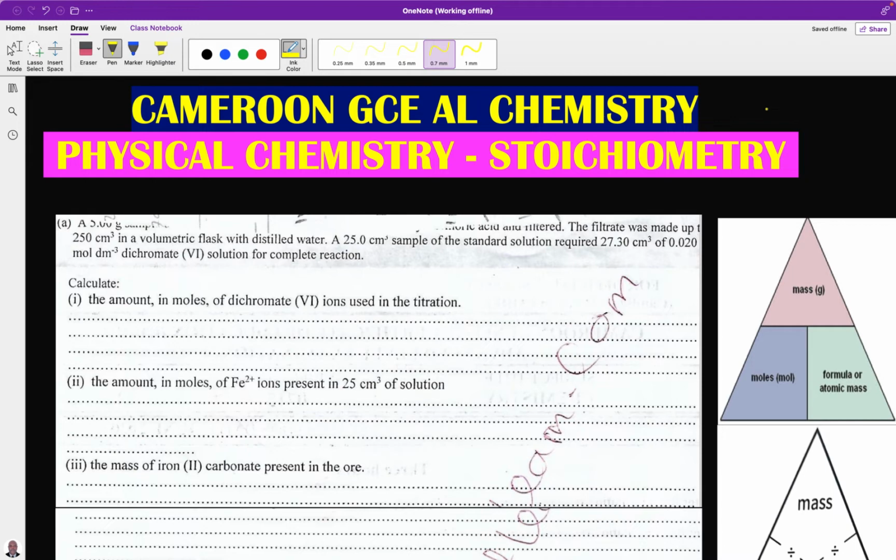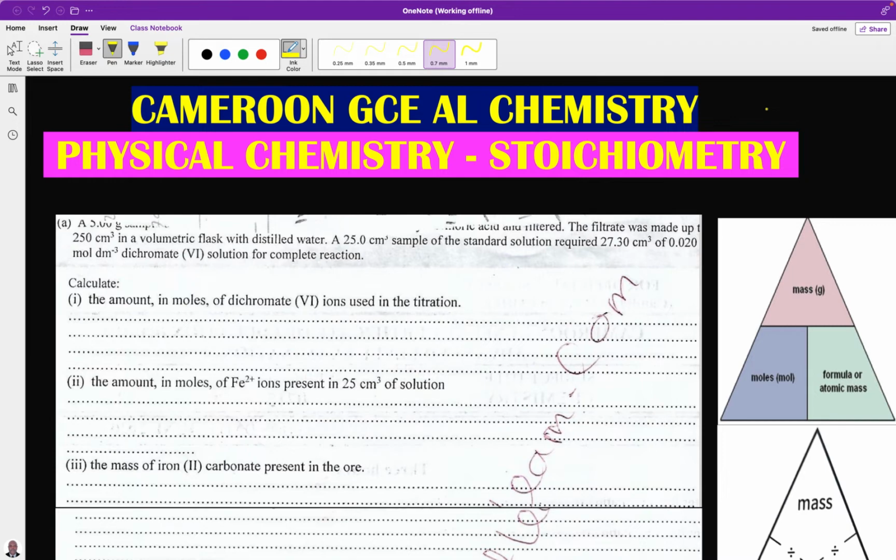Calculate the amount in moles of dichromate 6 ion used in the titration. 2. The amount in moles of iron 2 ions present in 25 cm cube of solution. 3. The mass of iron 2 carbonate present in the ore.